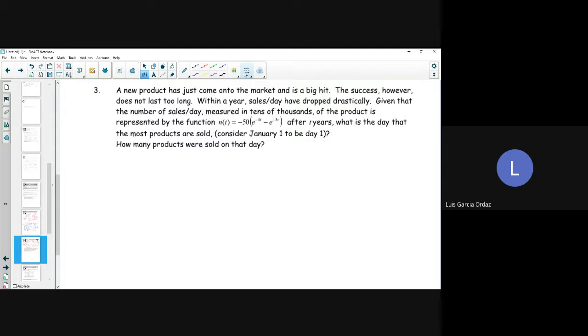So I have my function, which is negative 50 times e to the negative 4t minus e to the negative 3t. So to take my derivative, again, this is pretty easy. I can take the derivative of each of these separately. So I get n prime of t is equal to negative 50 times negative 4 times e to the negative 4t plus 3 times e to the negative 3t.